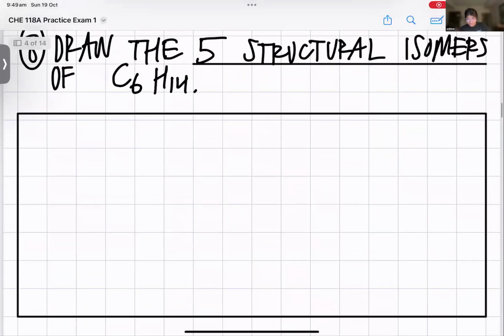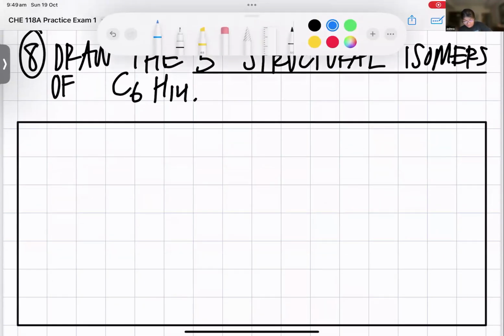Oh, 5 structural isomers of C6. Okay, I'm good at this. Yeah, let's go. We'll start with the basic one. 1, 2, 3. Okay. That's one. Nice.